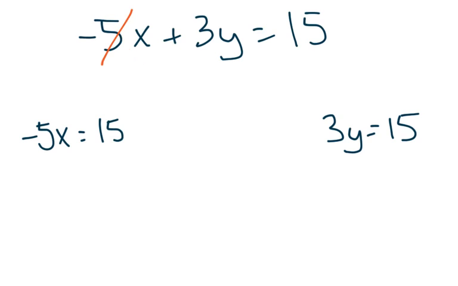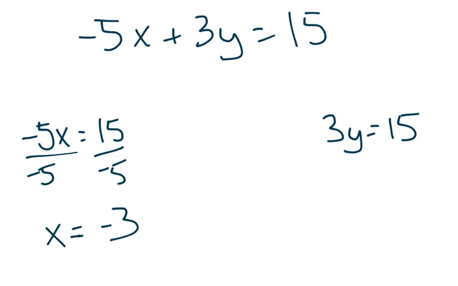And you're going to do that every time. I'm going to divide by negative 5 on both sides here, and I get that x is negative 3. On this side I divide by positive 3, and I get that y is 5. So these are my 2 intercepts.